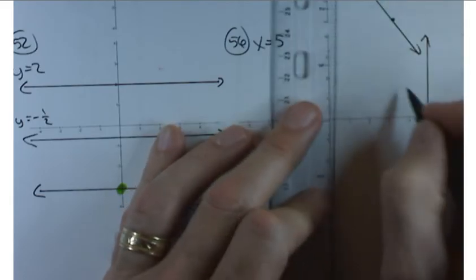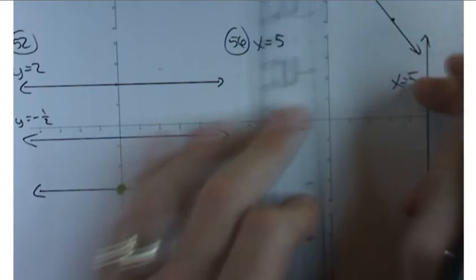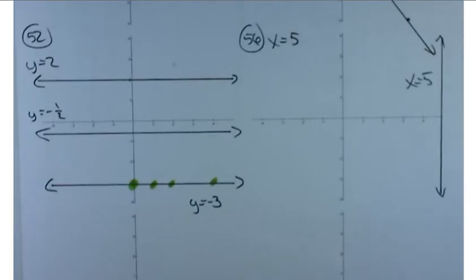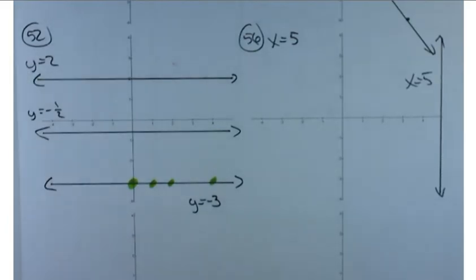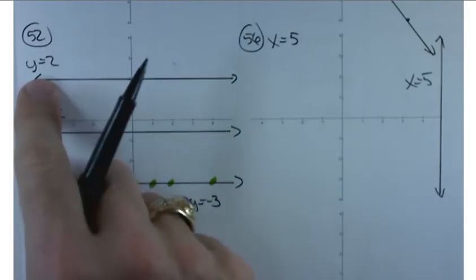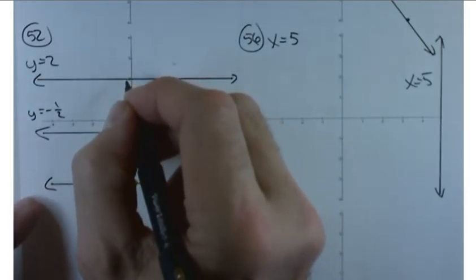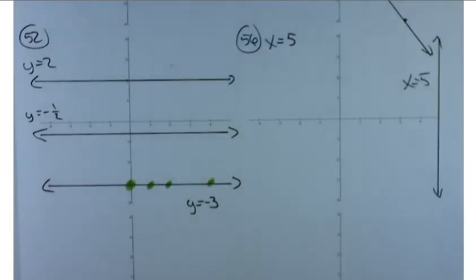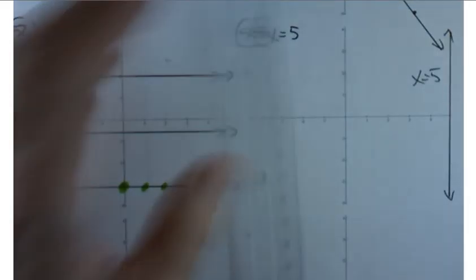Now there's a couple ways that I can ask questions like this on an exam. I could give you the equation and graph it. A lot of times, though, when I give you stuff like y equals 2, people will put a point right there, and they won't graph the line. Oh, another way that I can ask it would be to just draw a graph and say, okay, here's a graph.